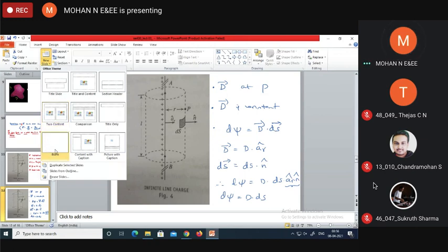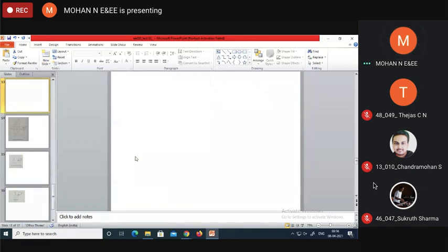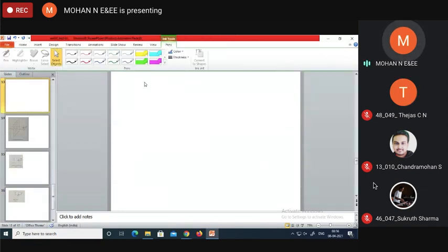So now let's continue from here. Your d psi is equal to D into dS. Now there are three surfaces, so you have to find d psi along three parts here.